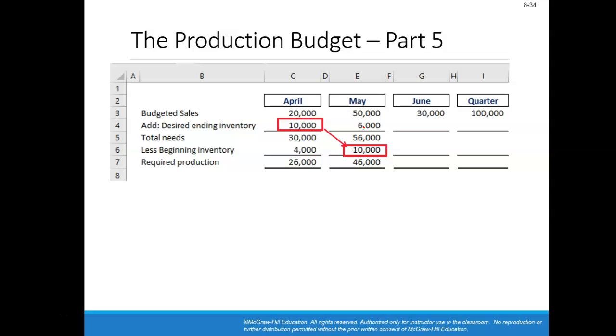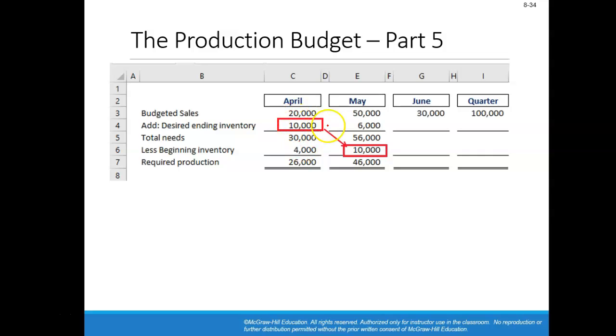So remember that your desired ending inventory is going to be 20% of your expected sales for the next month. In June, we expect to sell 30,000 units. 20% of that equals 6,000 units. So we need 56,000 units for the month of May.